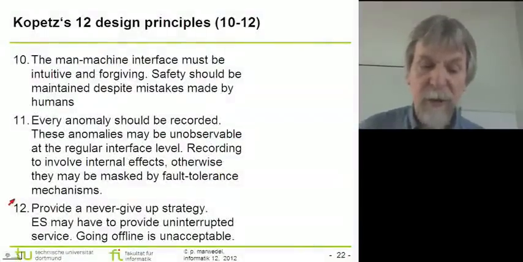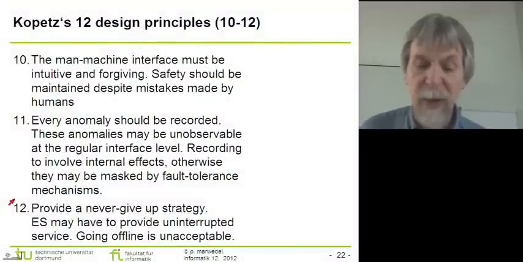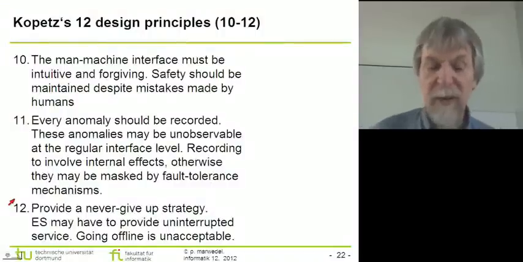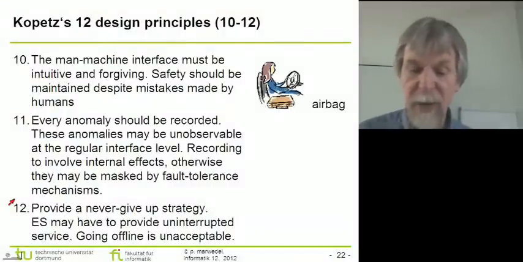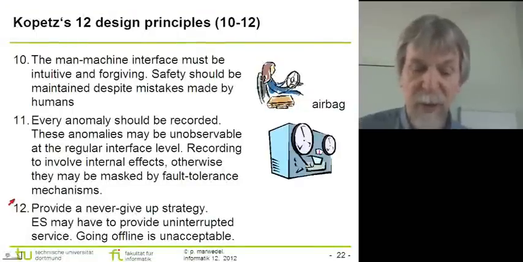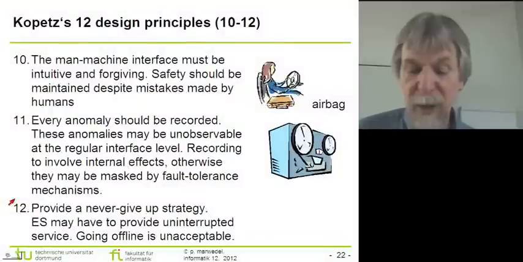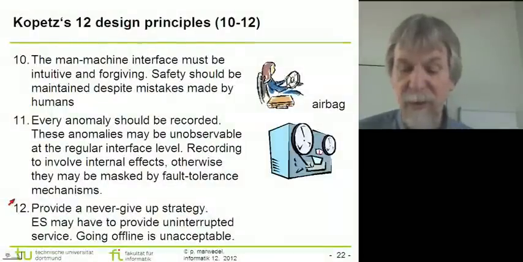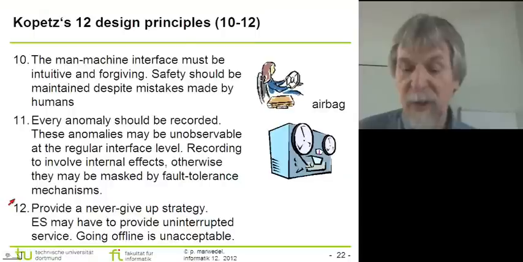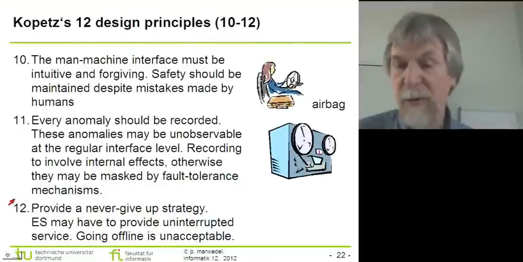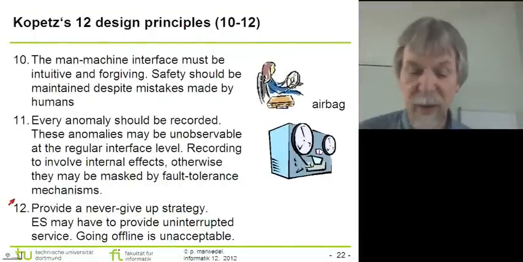According to the 10th principle, the man-machine interface must be intuitive and forgiving. Safety should be maintained despite mistakes being made by humans. According to the 11th principle, every anomaly should be recorded. These anomalies might be unobservable at the regular user interface, so therefore we should provide the means for recording these anomalies.